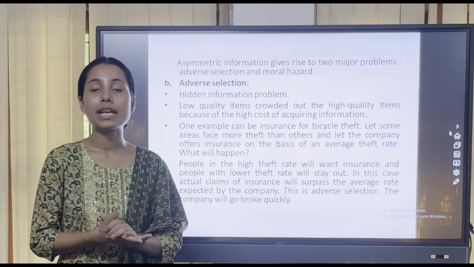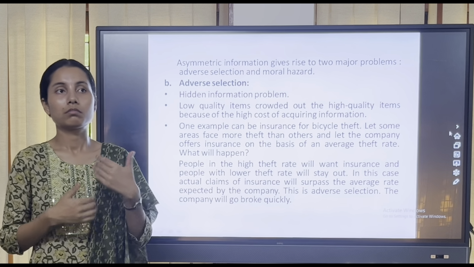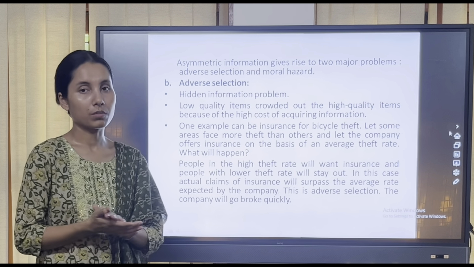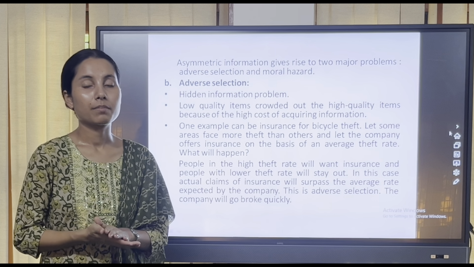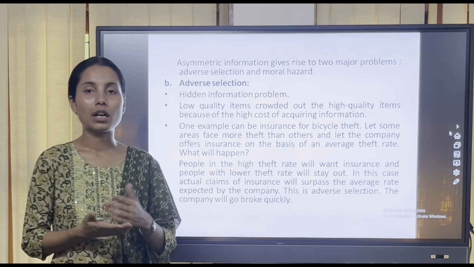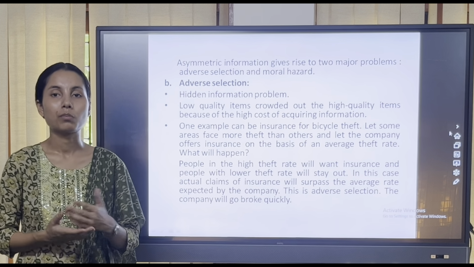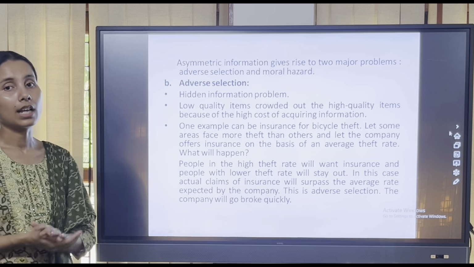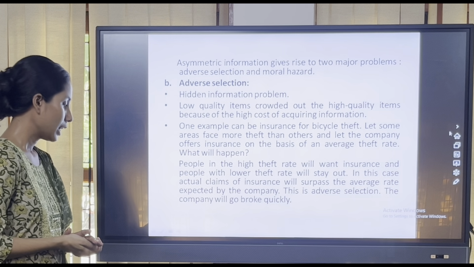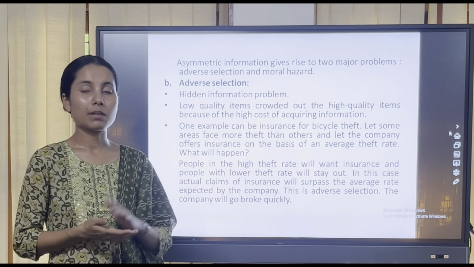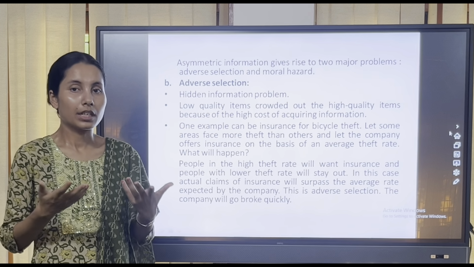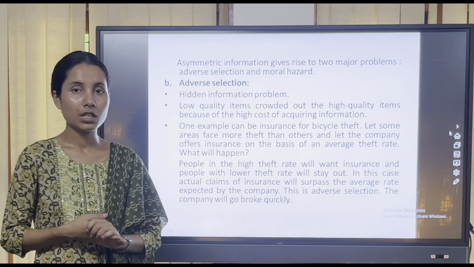Now, the two main problems caused by asymmetric information are adverse selection and moral hazard. What is adverse selection? The previous example of the lemons market is a classic example of adverse selection.